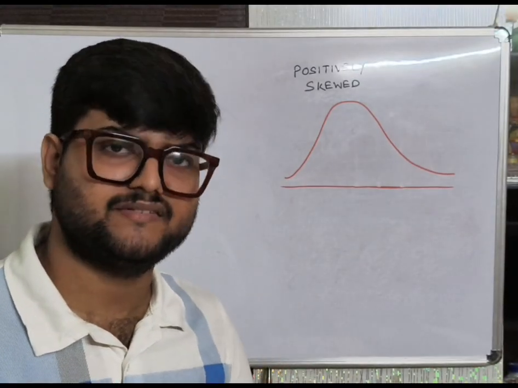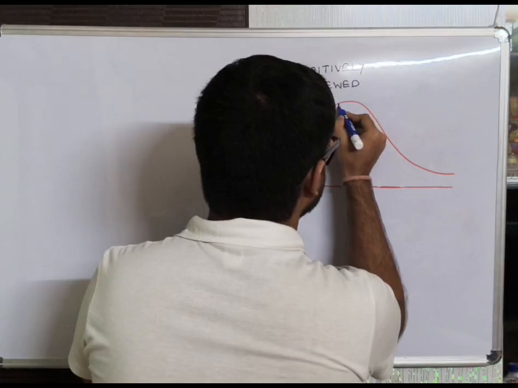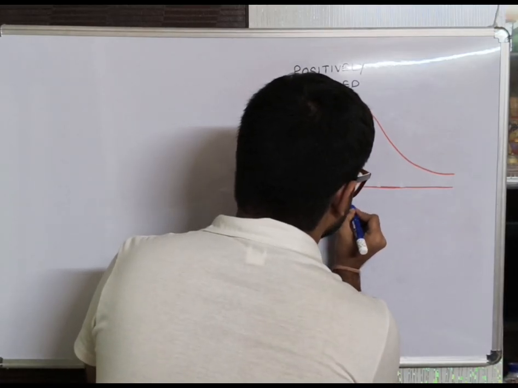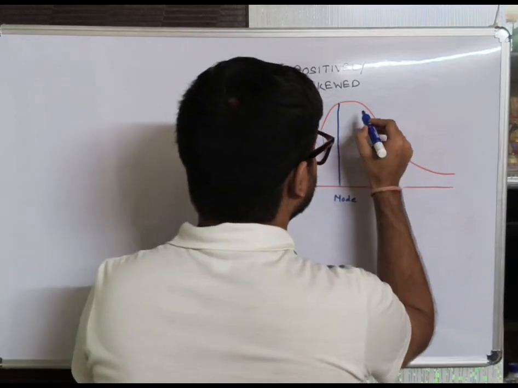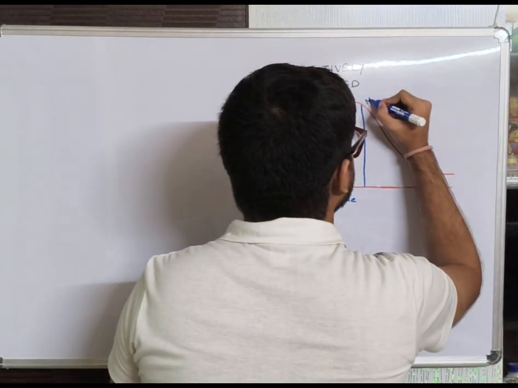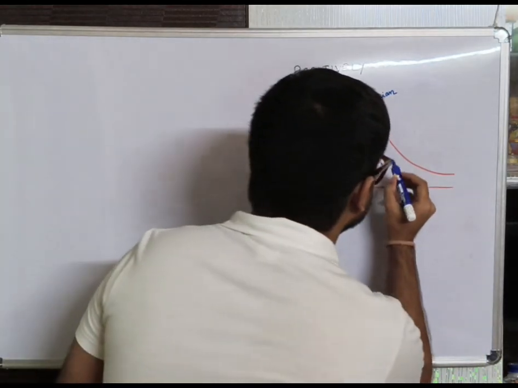Then we move on to a positively skewed distribution. The mode comes first, it is the smallest of all. This goes mode. Then comes median, writing it above again. Then comes mean.